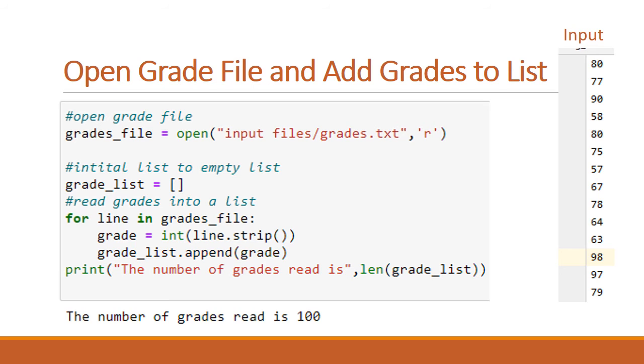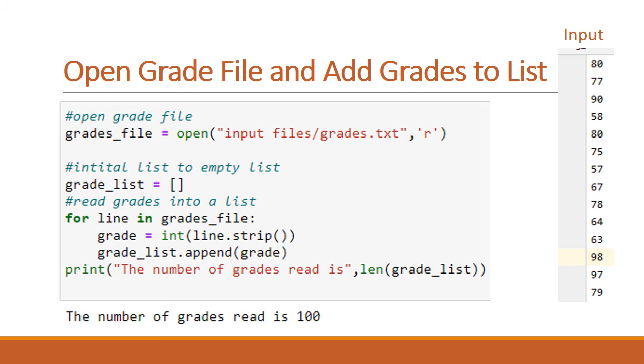This code segment assumes that this grades.txt file consists of values representing grades, where each value is on a separate line. Once the file is open, we next initialize grade list to the empty list. So an empty list is represented by square brackets with nothing within the brackets. And these square brackets are assigned to the variable grade list.